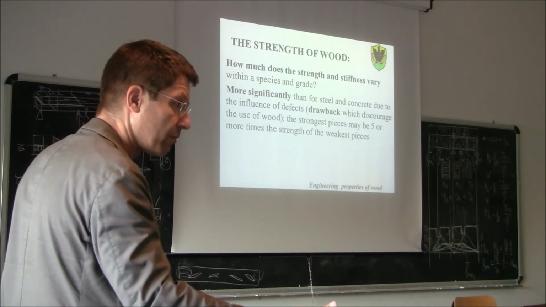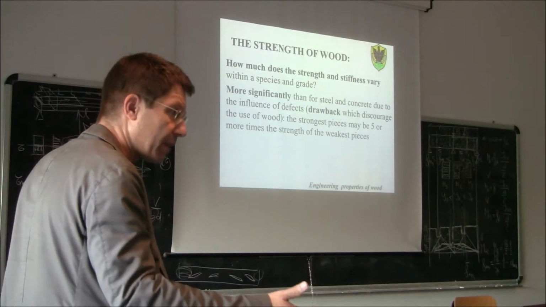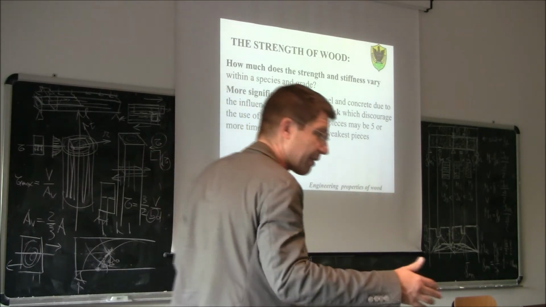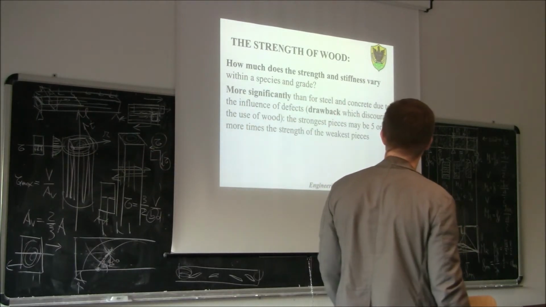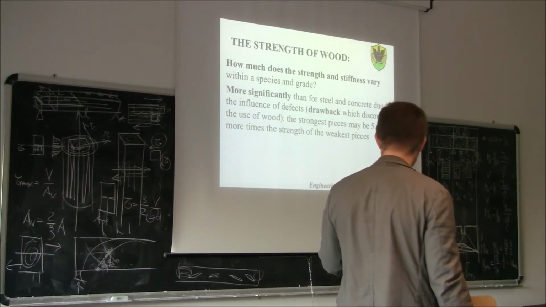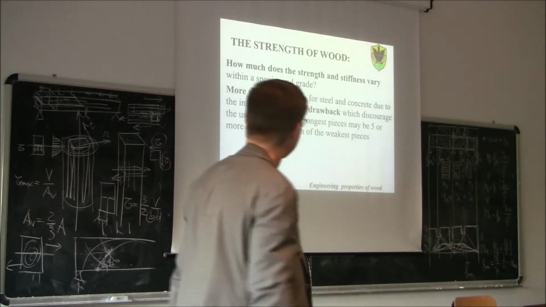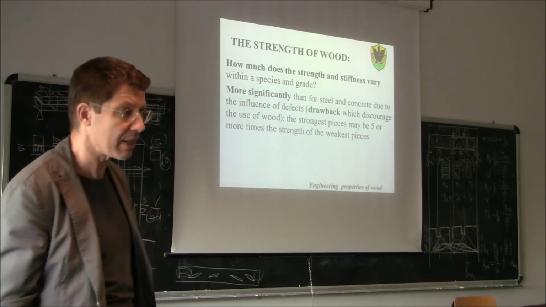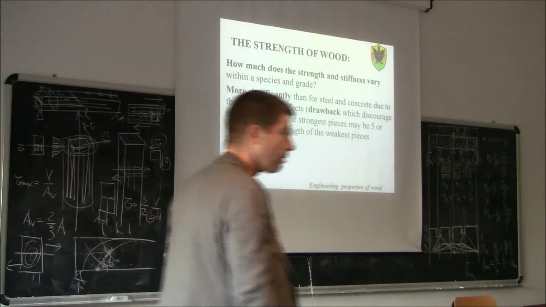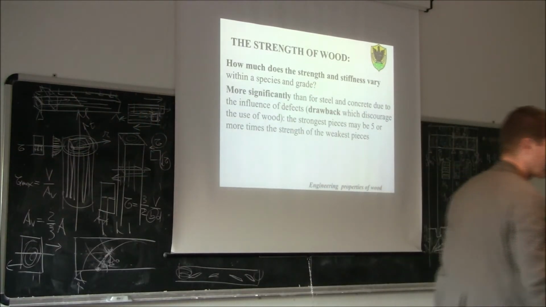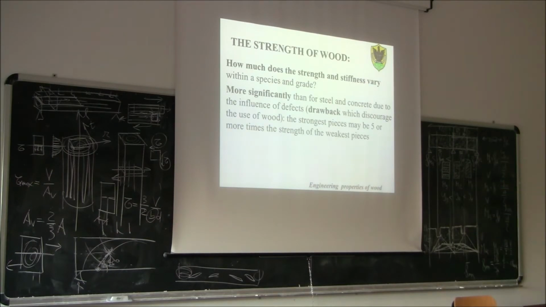Little or a lot? Well, since wood is a natural material, you can expect that there will be some variation in the properties of both strength and stiffness. In fact, we can see that the variation is much more significant than for steel and concrete. Why is that? Again, the cause is the effect of the defects. If we had a wood without defects, it would be very constant.